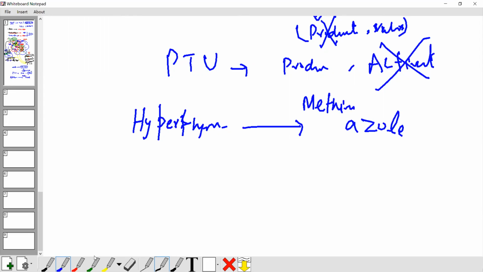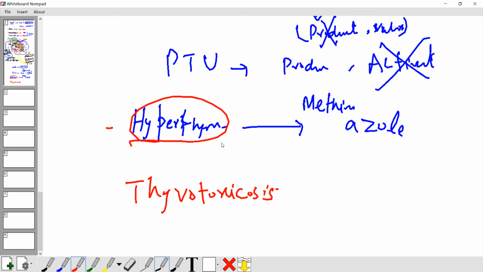Understand? Now listen another time: thyrotoxicosis. What is the difference from hyperthyroidism? Hyperthyroidism is just a mild case, where the hormone is a little high. You can use methimazole, carbimazole, no problem.